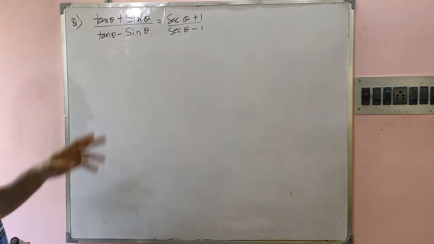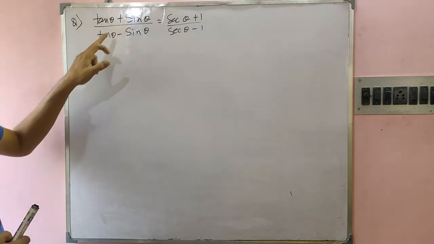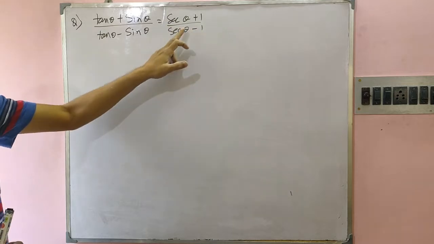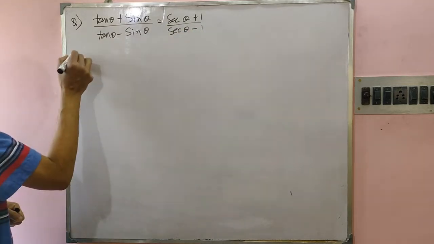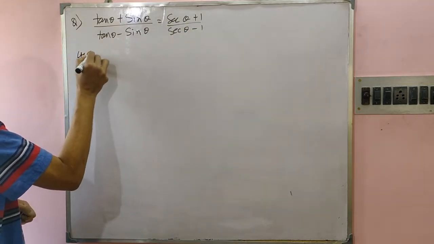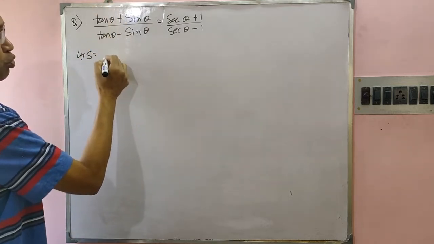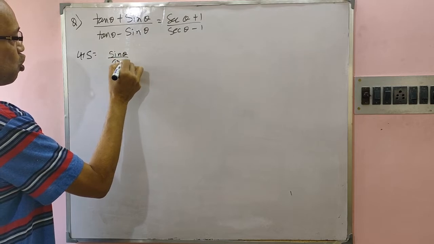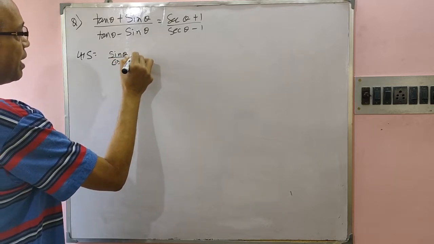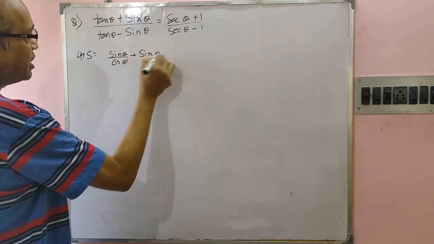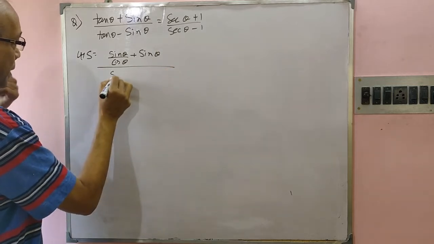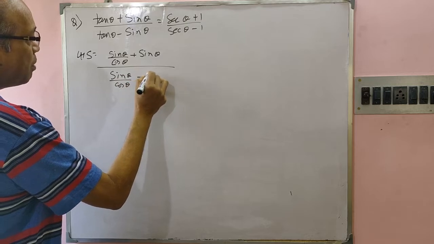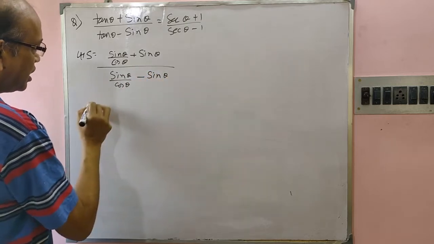The next question: (tan theta plus sine theta) by (tan theta minus sine theta) is (sec theta plus 1) by (sec theta minus 1). LHS, left hand side. Tan theta, change it to sine theta by cos theta. (Sine theta by cos theta plus sine theta) whole divided by (sine theta by cos theta minus sine theta).